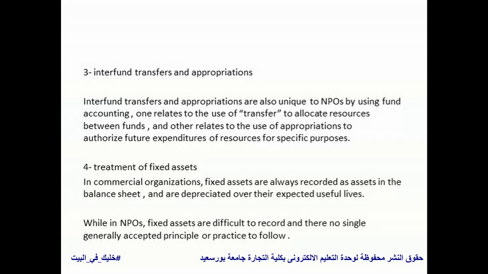Number 4. Treatment of fixed assets. In commercial organizations, fixed assets are always recorded as assets in the balance sheet and are depreciated over their expected useful life. So in commercial organizations, all assets are recorded in the balance sheet and are depreciated over their expected useful life. While in NPOs, the fixed assets are difficult to record and there is no single generally accepted principle or practice to follow.